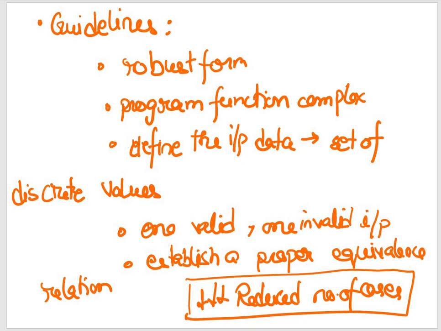So there is a reduction in the number of test cases which are firing, reducing the overall test execution time, because if I'm reducing the number of test cases, I'm reducing the time, and then obviously I'm minimizing the set of test data as well.